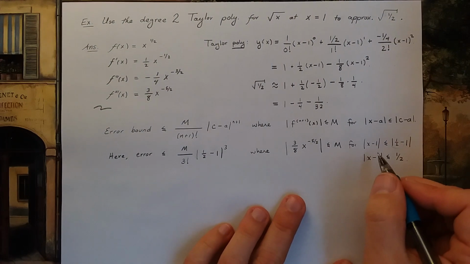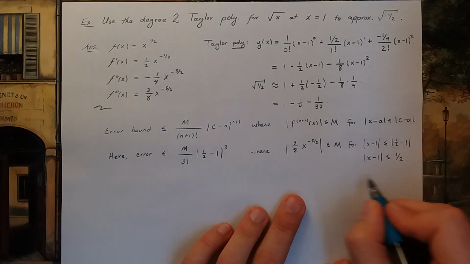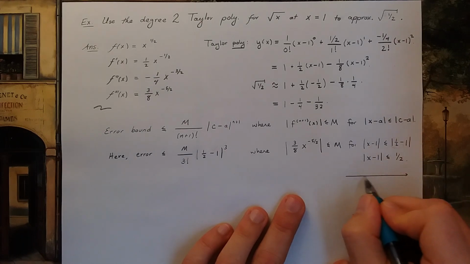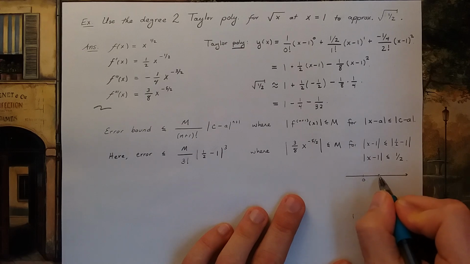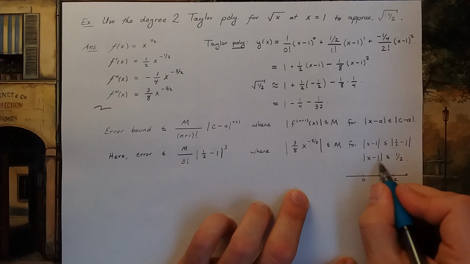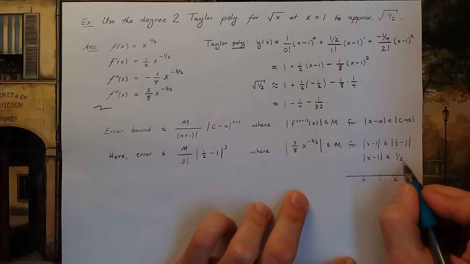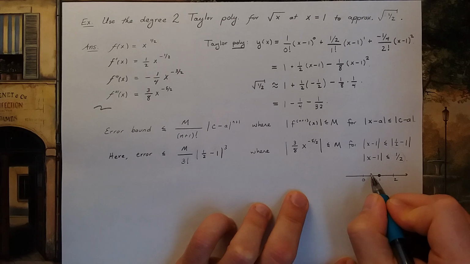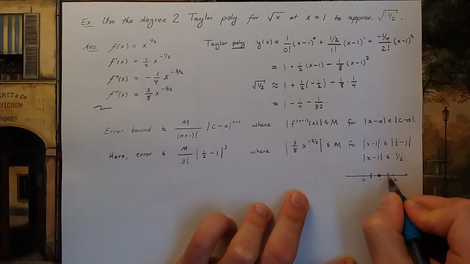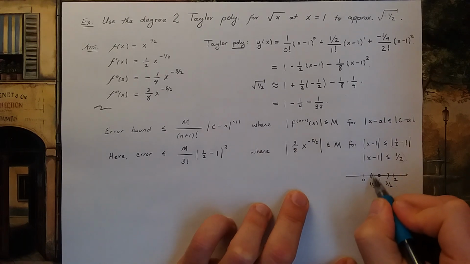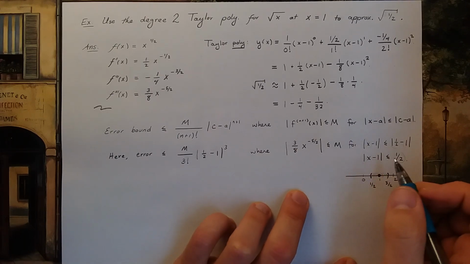So if I plot the values of x that satisfy this condition on a number line, so here I have 0, 1, 2. This says the values of x have to be a distance 1/2 away from 1. So there's 1. The values of x that satisfy this are in between 1/2 and 3/2. So this is my interval that I'm allowed to take x in.